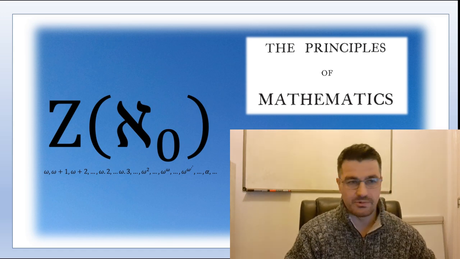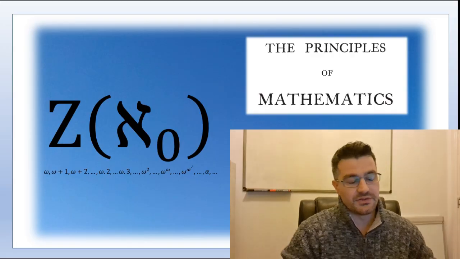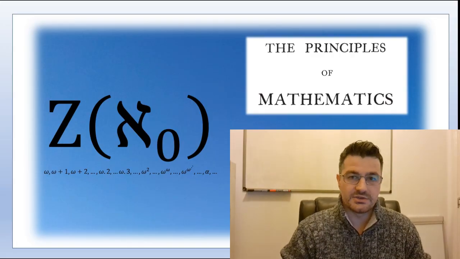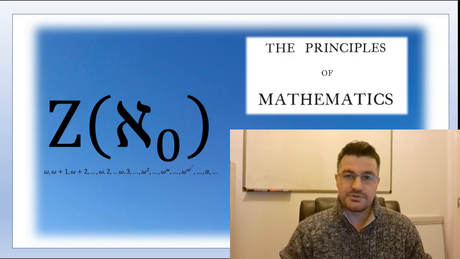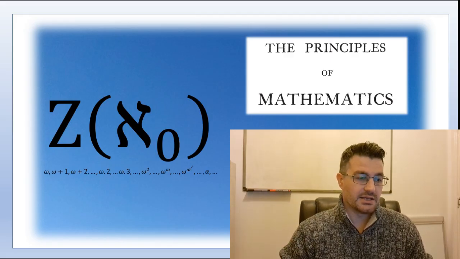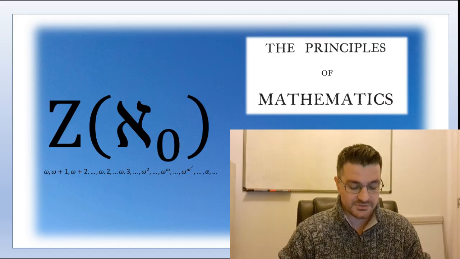I'll mention them when we come to them. As always, these videos are not intended to be definitive in any way. They really are just presenting my interpretations of what I think Russell is saying in this book.